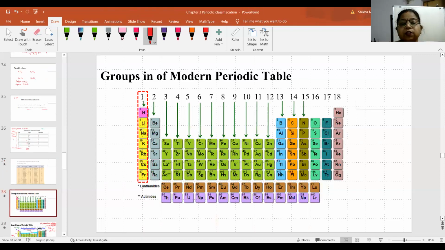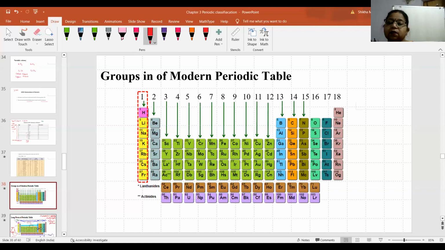Now moving on to the modern periodic table and its numbering. I believe we discussed what is a group and what is a period in the last class. Are we clear what are the groups and what are the periods?